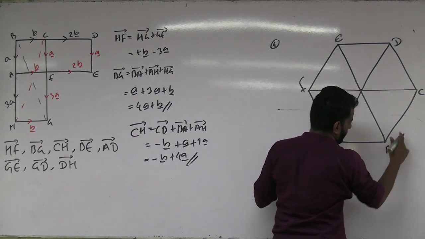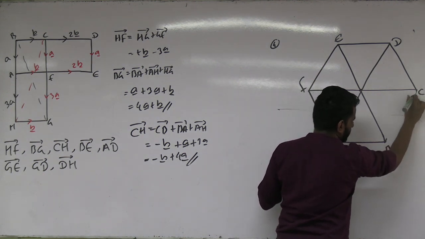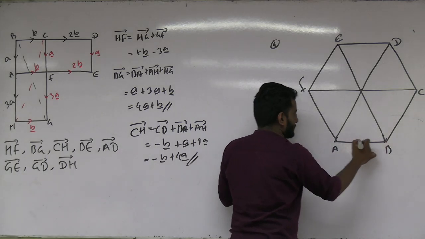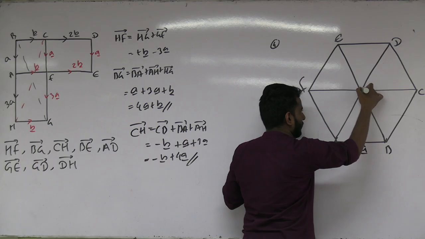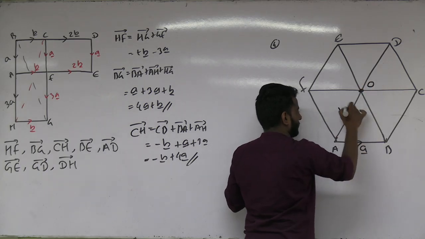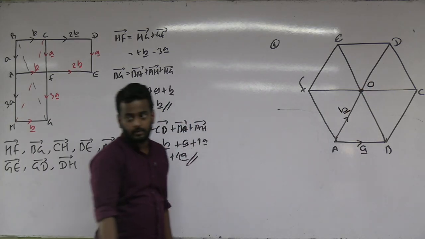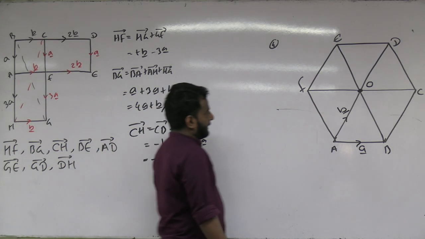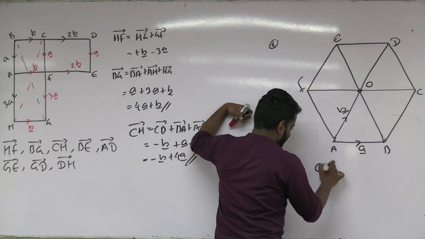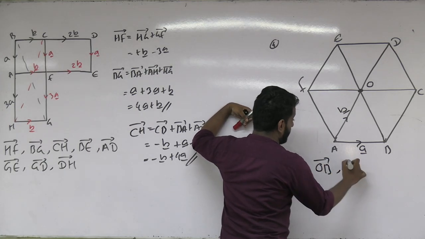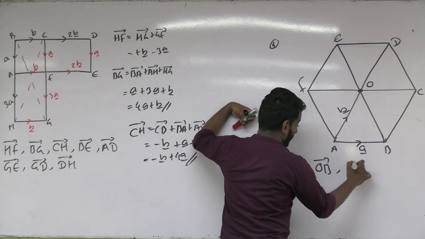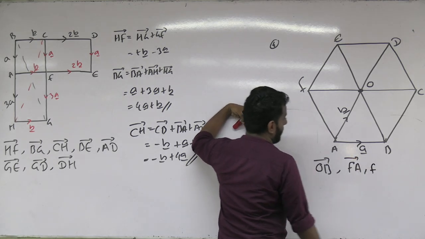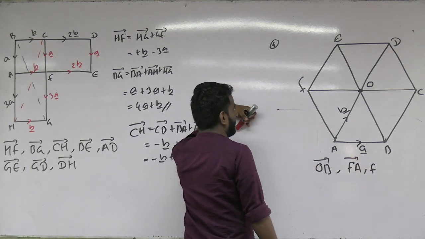So in this way you should mark all the equal vectors initially. Right, we'll consider this as simple A and this is the center and this as simple B. Okay. Right. So here you should find OB and FA.